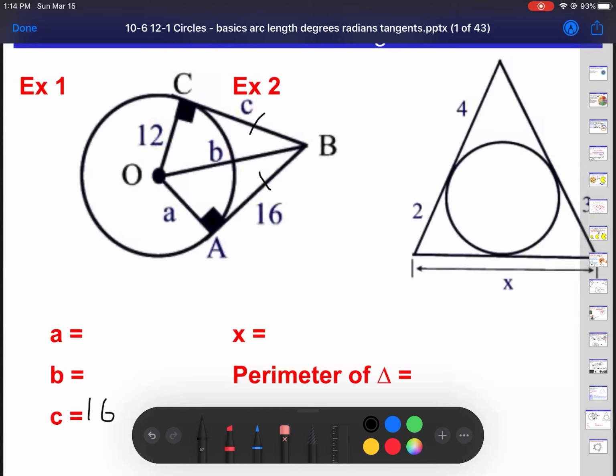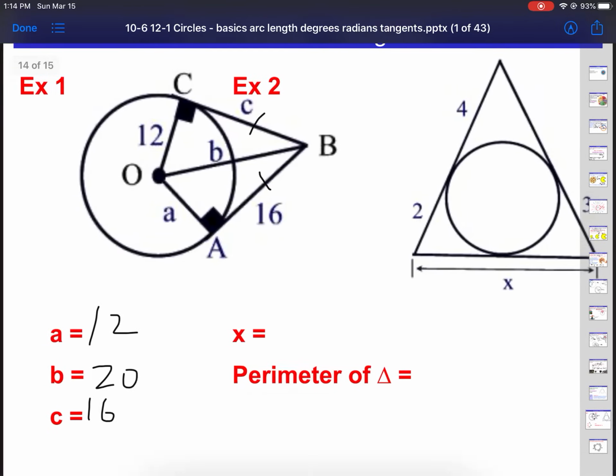Then we can solve for AC using the Pythagorean theorem, and we get that to be 20. The square root of 12 squared plus 16 squared, which is 20. And then A, well, they're both radiuses of the same circle, so that's 12.